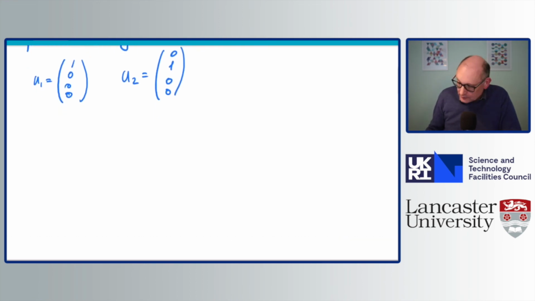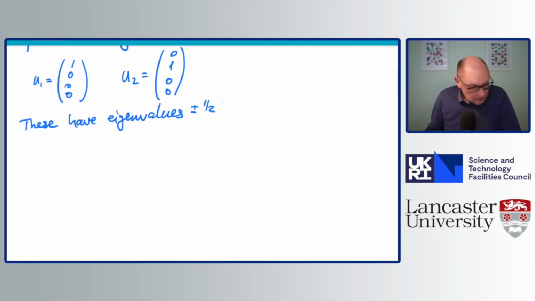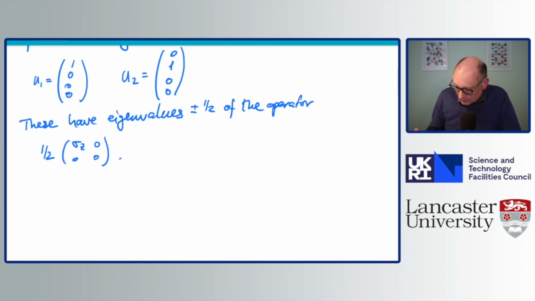Now, these 2 spinors have eigenvalues plus and minus a half of the operator or matrix, a half sigma z, 0, 0, 0.